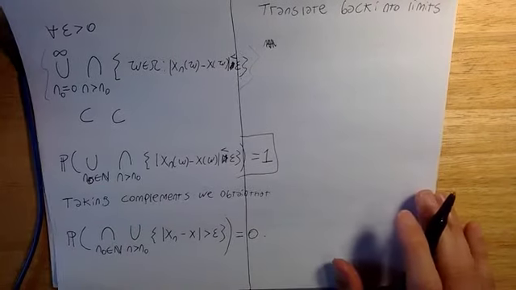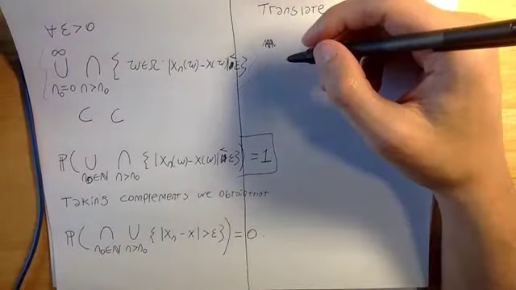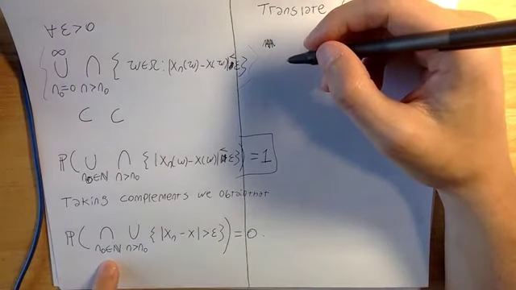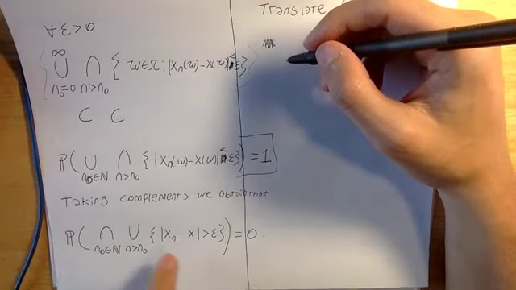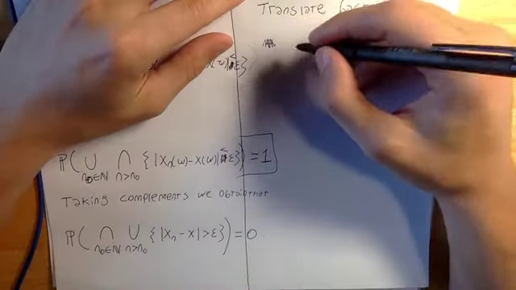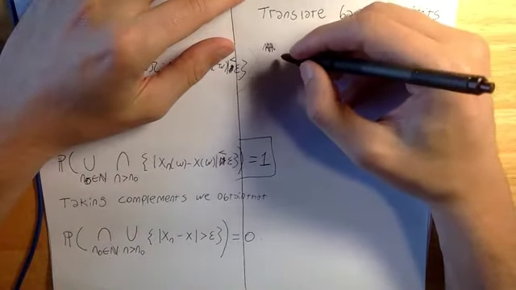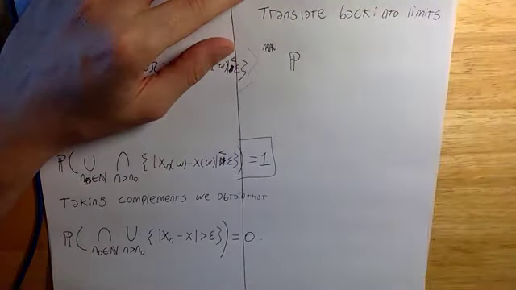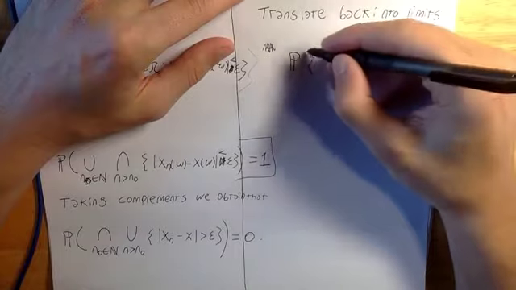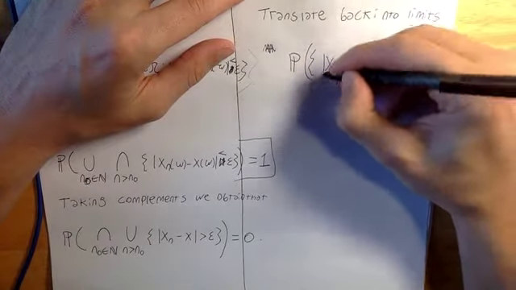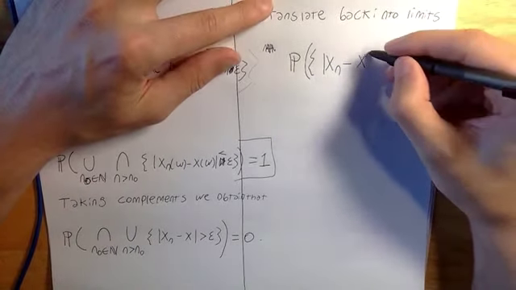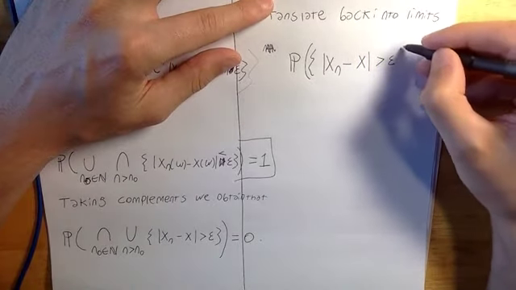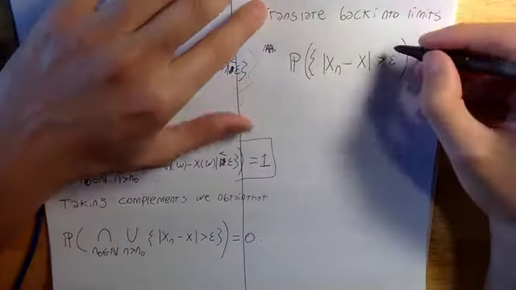Okay, so in particular, let's look at the probability of |xn minus x| bigger than epsilon.